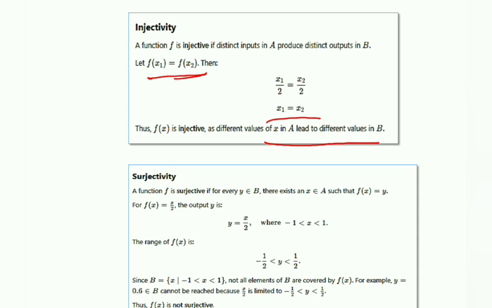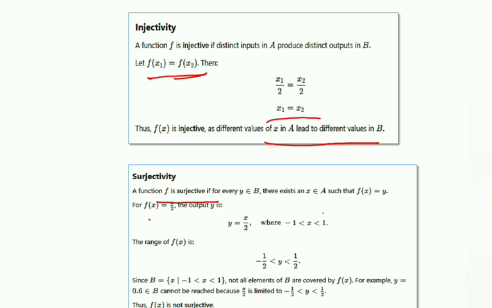Then what about surjective? We will check whether the given function satisfies the surjective condition or not. A function f is surjective if for every y belonging to B, there exists an x belonging to A such that f of x equals y.